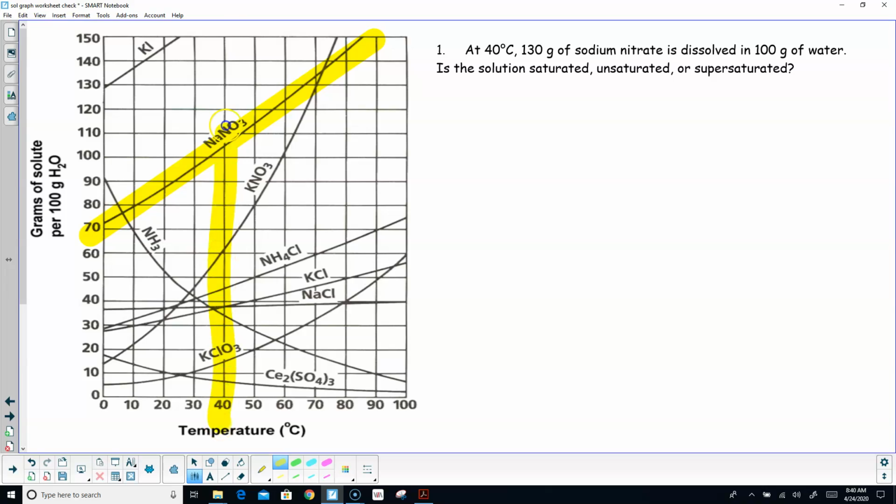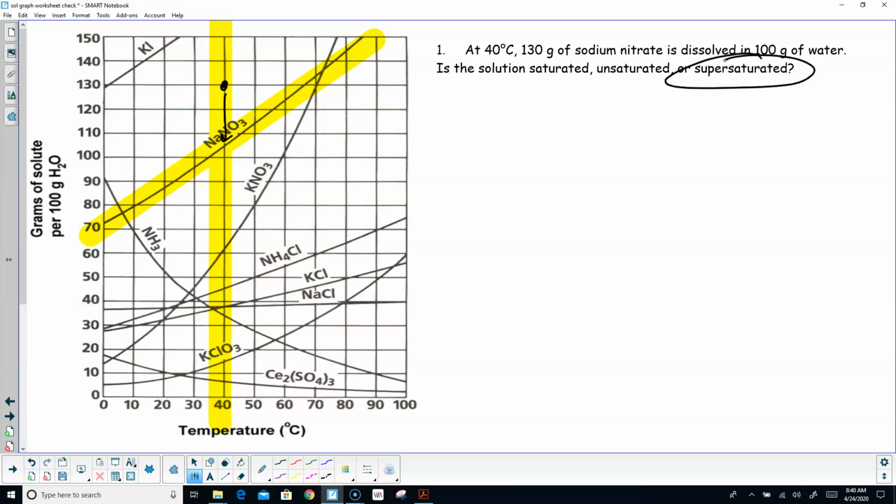Here is 40, and we have a point that is 130, so 130 would be right here. Well, we're above the line. Supersaturated. Okay, it's dissolving more than it should have.